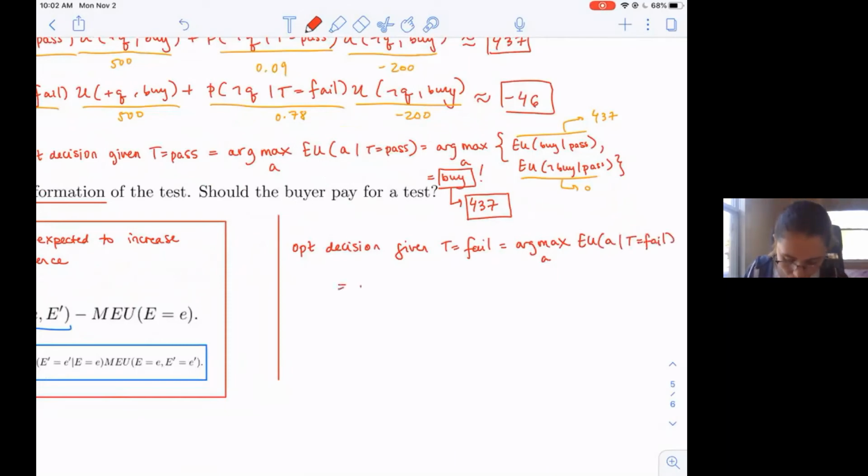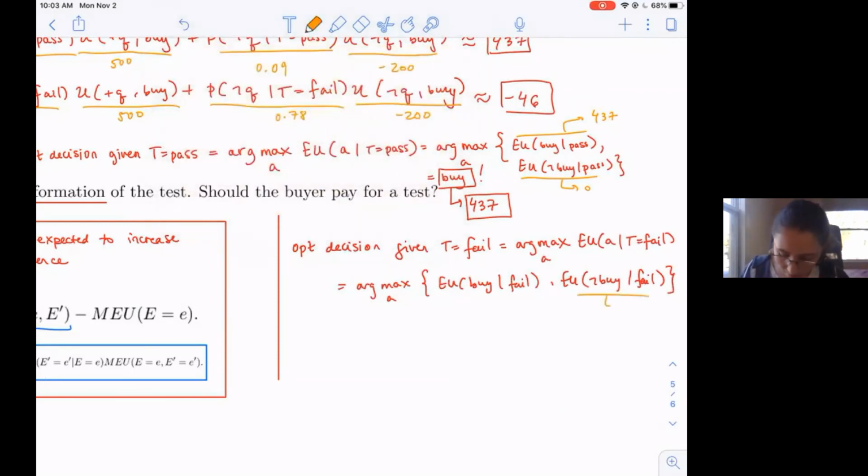This is going to just be the argmax over the actions of the expected utility of buying given fail, and the expected utility of not buying given fail.